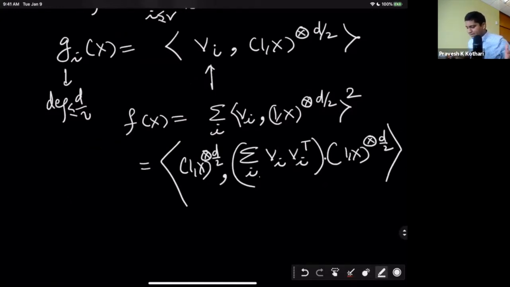This is basically algebra, nothing very fancy going on here. I'm literally taking this square representation and taking out this matrix, which is the matrix of the sum of the outer products of these v_i's, and writing down this expression in this form. And I'm going to claim once I've done this, I'm actually completely done, because by what you were supposed to have proven in homework 0, the sum over i of v_i v_i transposed is always a PSD matrix.